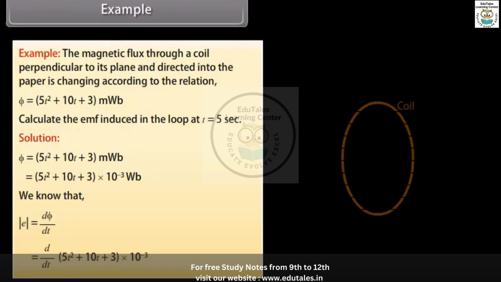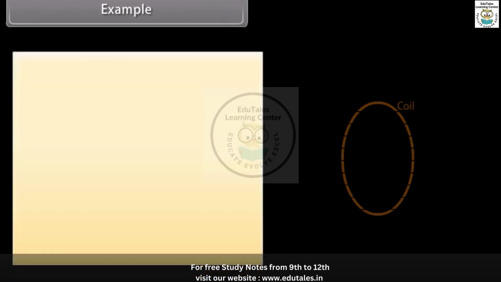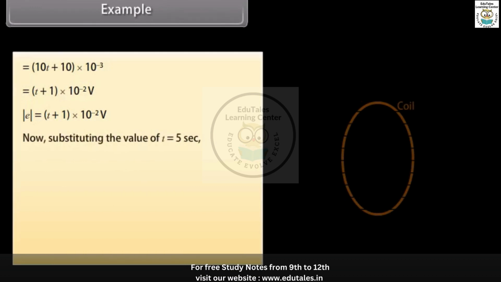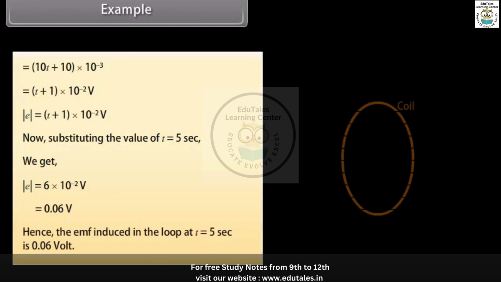By putting the values in this equation we get E is equal to (t plus 1) multiplied by 10 raised to the power minus 2 volt. Now substituting the value of t as 5 seconds, we get E as 0.06 volt. Hence, the EMF induced in the loop at t equal to 5 seconds is 0.06 volt.